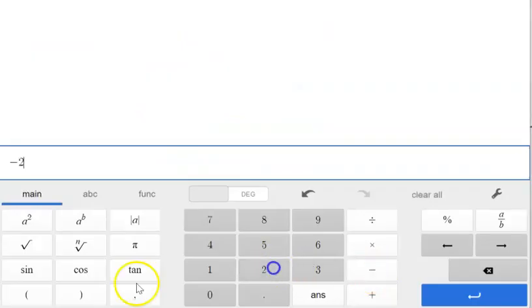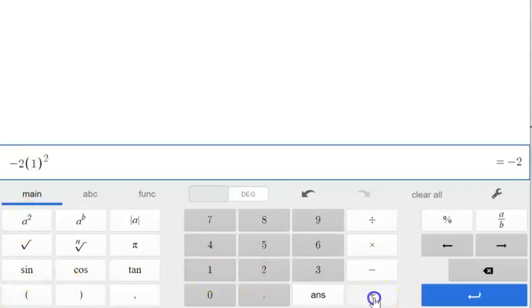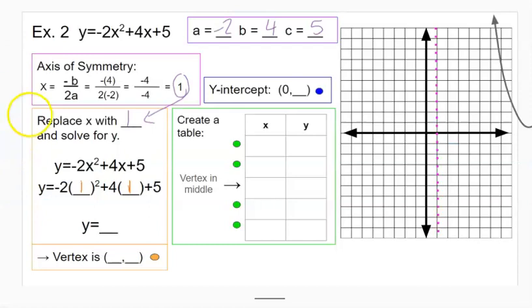So I'm going to type in my equation, negative 2 times my x value of 1 squared plus 4 times my x value of 1 plus 5. And that gives me a y value of 7. So I can say that y is 7. When x is 1, that makes my vertex 1, 7. So I'm going to take that orange point and plot 1, 7.